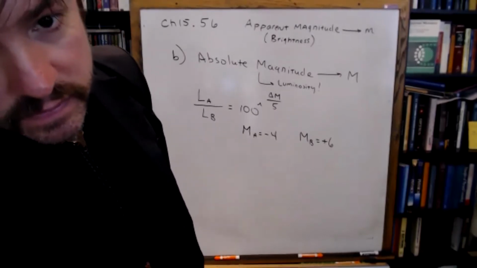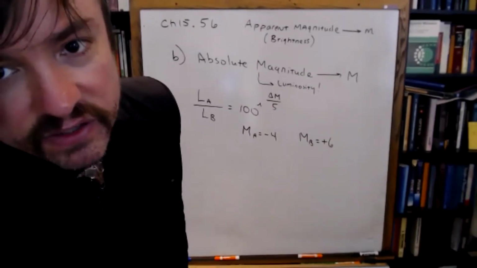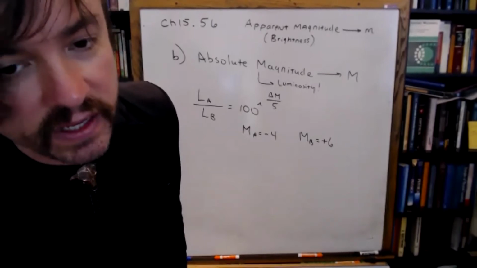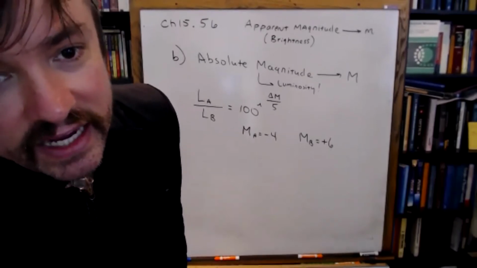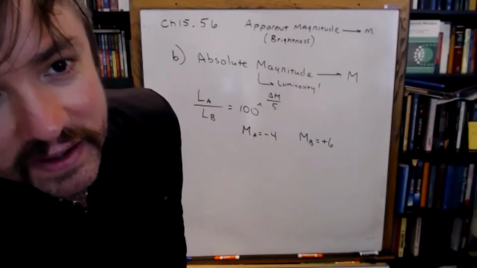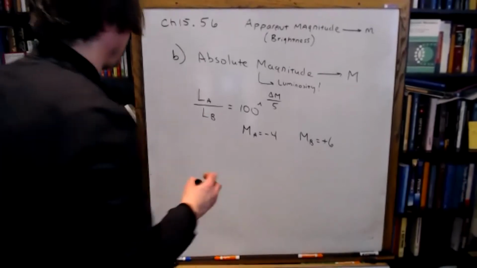Probably +6. That would be wrong. That's not how magnitudes work. The smaller the number, the greater the magnitude, extending all the way into the negatives. Do you know what the apparent magnitude of the sun is? -27. Magnitudes are confusing. That's why we're going to have a big lecture on them next week.